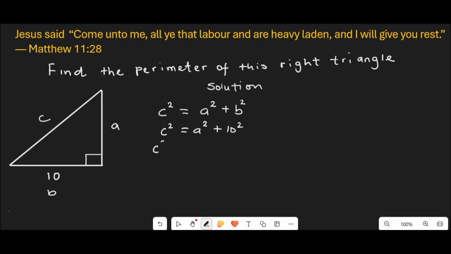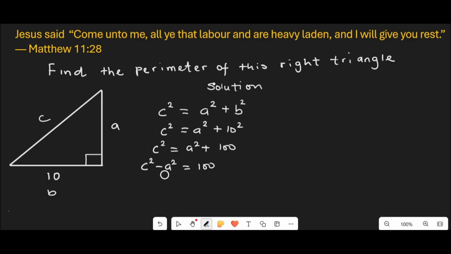C squared equal to A squared plus 10 squared is 100. So let us transpose A squared to the left hand side. So we are going to have C squared minus A squared equal to 100.